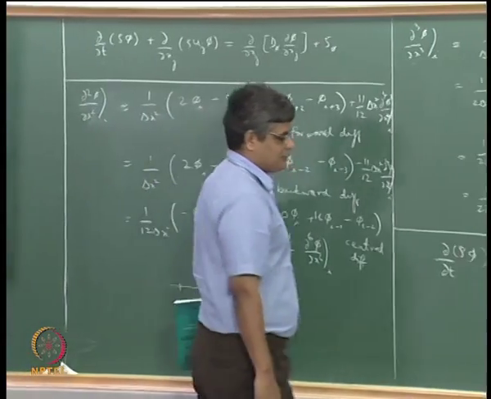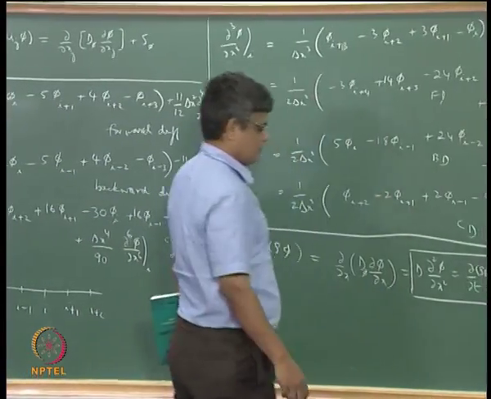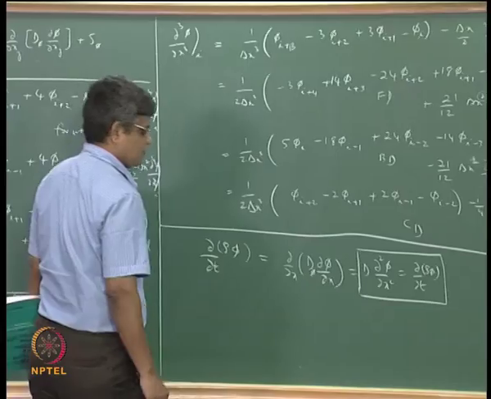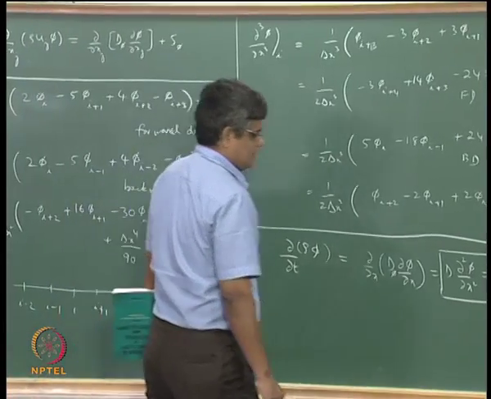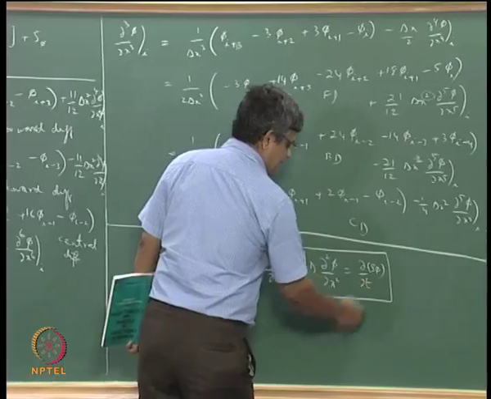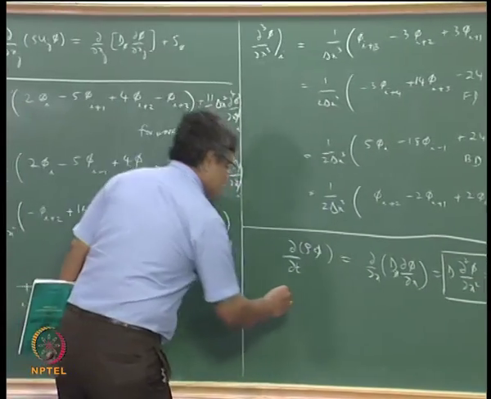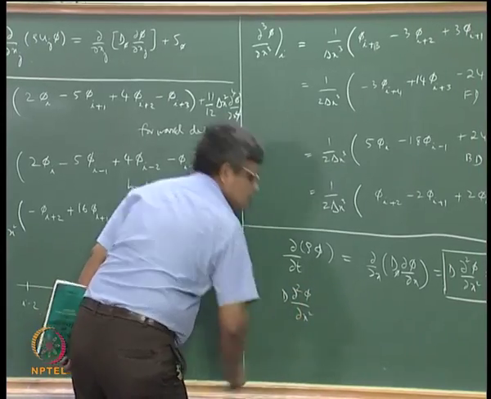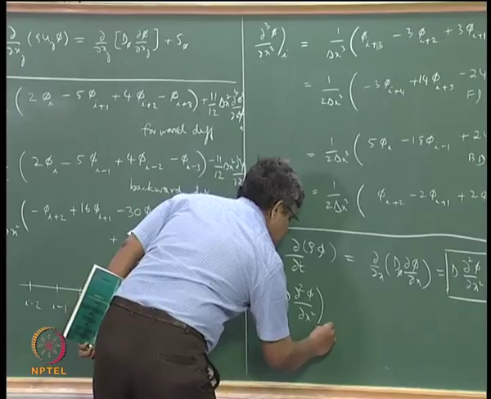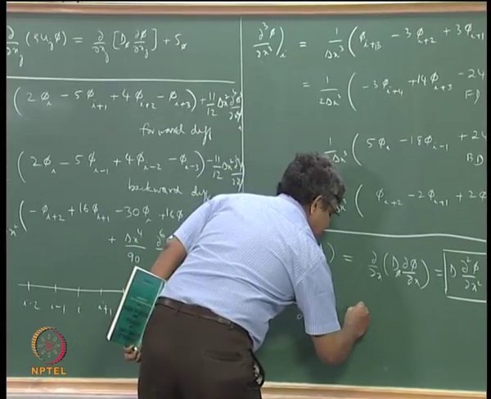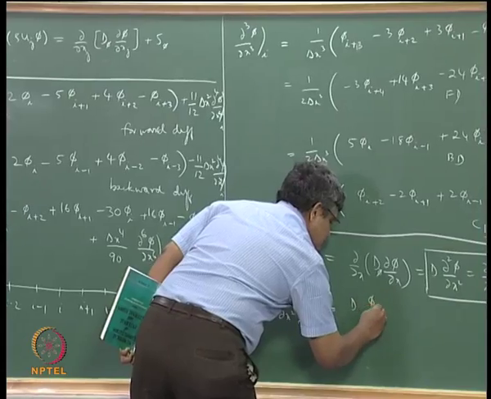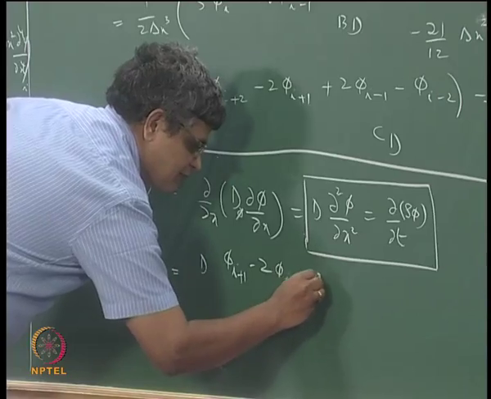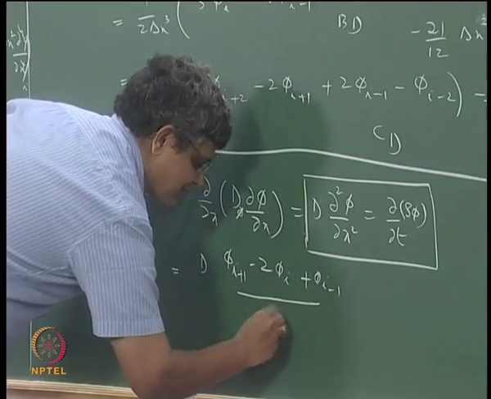Now if we want to discretize this using the formulas that we have done here, for example we can make use of a central differencing formula here, and when we come to a time derivative, okay, let us do this space derivative at I can be represented as d times phi I plus 1 minus 2 phi I plus phi I minus 1 by delta x square.